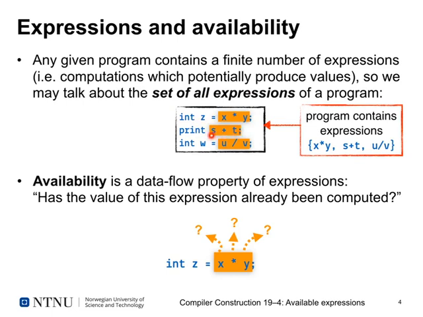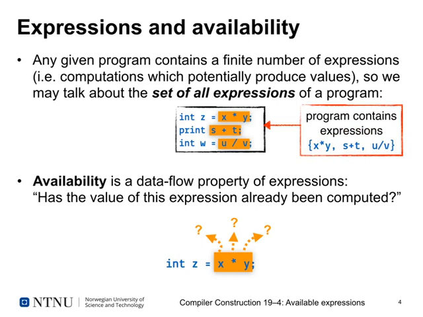We have another one, s plus t, which we don't assign to a variable because we just print it out, but we may have the intermediate result stored in a register or memory location. And then we have a third expression, u divided by v, which we store in w. So our program contains three different expressions, x times y, s plus t, and u divided by v, which is the set of all expressions of our program.